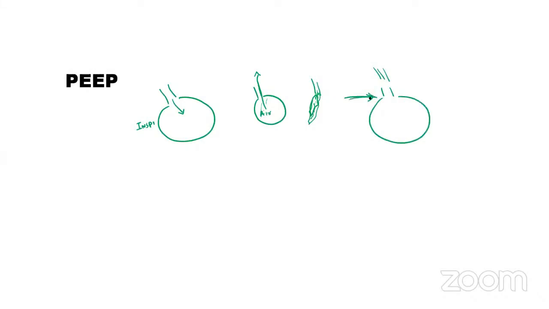This is the work. Instead of this, if we apply some amount of PEEP, say for example, this is the first one. Once expiration starts, it comes down.